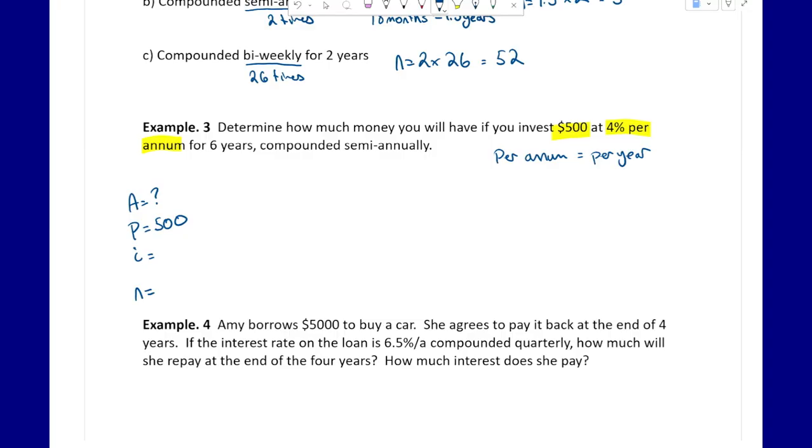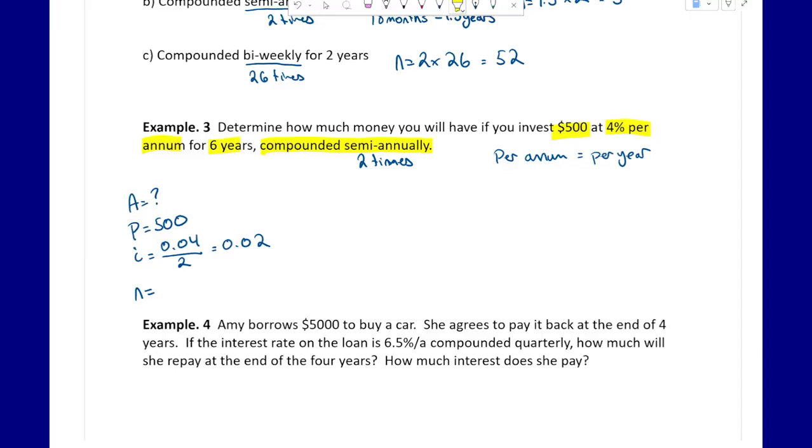So in our questions, we're always going to be told how much interest or the interest rate per year, but then we are going to be told compounded by a certain period. So compounded semi-annually. Semi-annually means 2 times a year. So that means when I calculate my I value, I'm taking that 4% as a decimal, 0.04, and I'm dividing it by the compounding period, which is semi-annually or twice a year, to get 0.02.